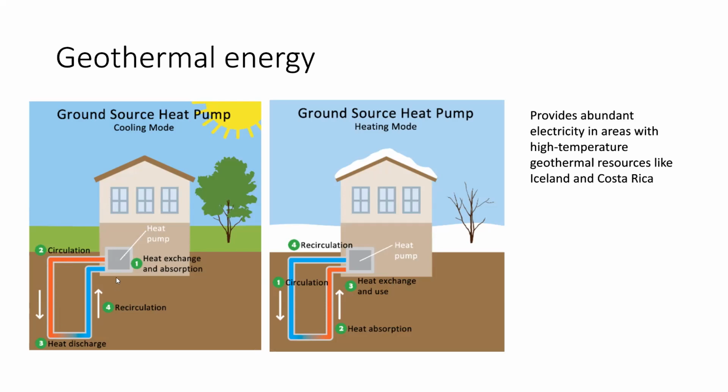So what we're able to do is run the system this way, so that we're essentially pumping the heat into the earth, allowing the coolness of the earth to then cool the home. And then in the winter, what we're going to see is that the earth is going to be relatively warmer. So we'll be able to use that heat to heat the house in that sense.